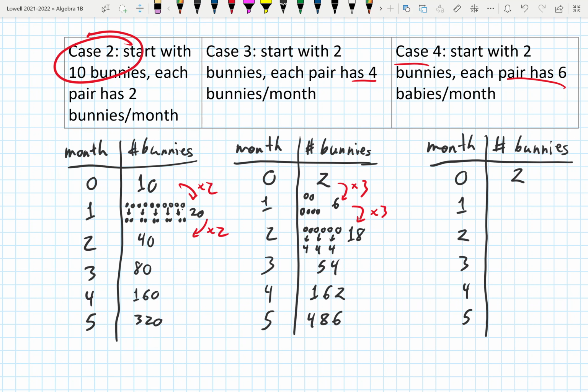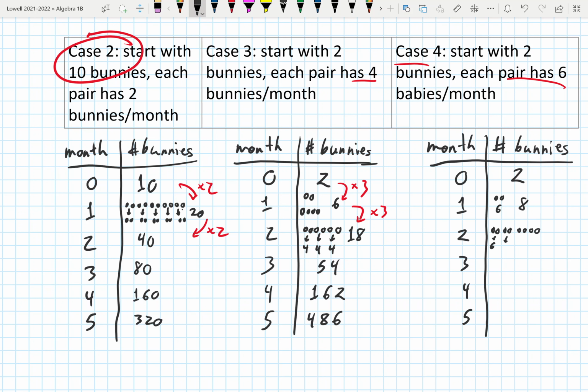Okay, so let's check out case 4, and we'll draw a picture. So 1, 2 parents, and they have 6 babies. So in total, we're going to have 8. We'll have again 8 parents, 1, 2, 3, 4, 5, 6, 7, 8.